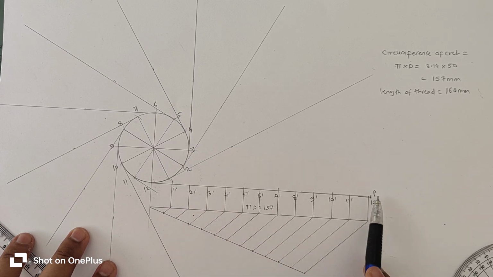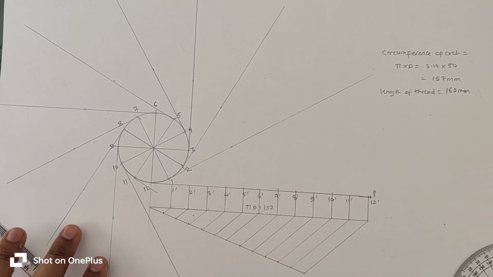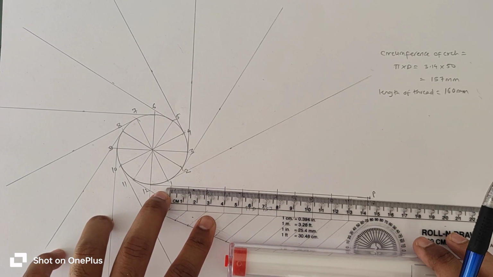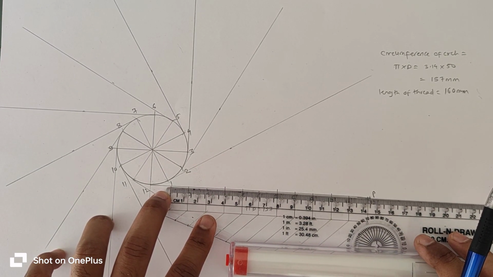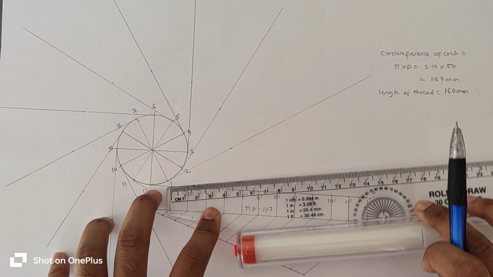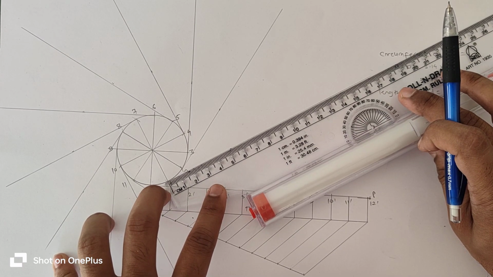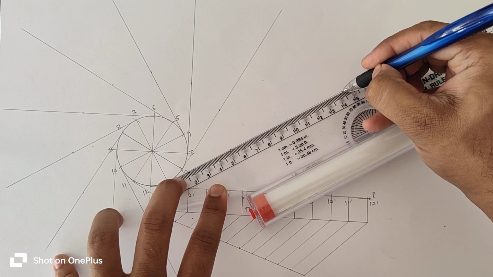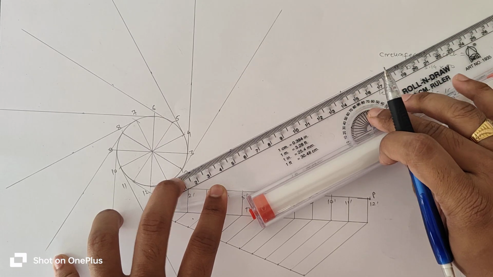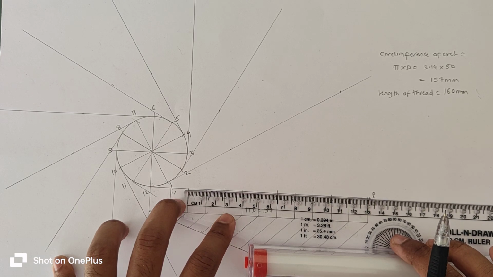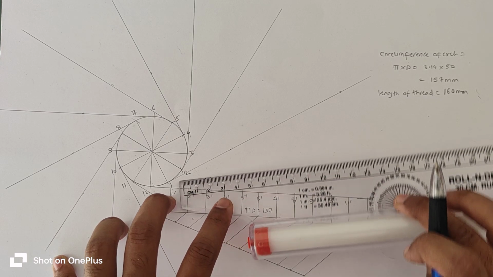Okay, now take distance 1 dash to P. So this distance is 14.3, and from tangent 1 mark this distance 14.3. Then take distance 2 dash to P. This distance is 13.2.